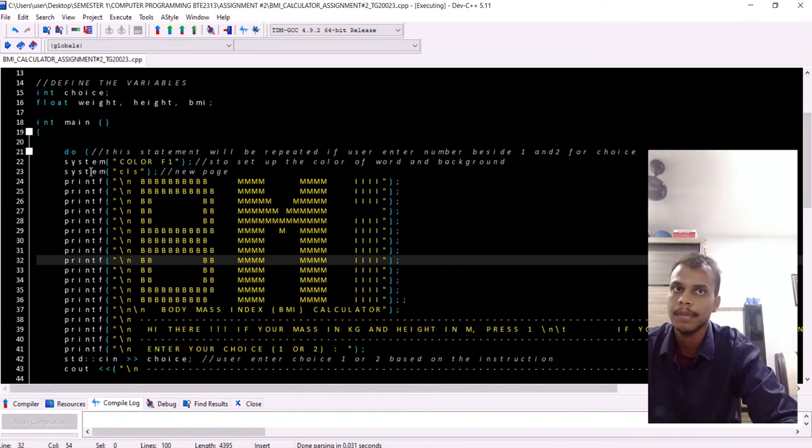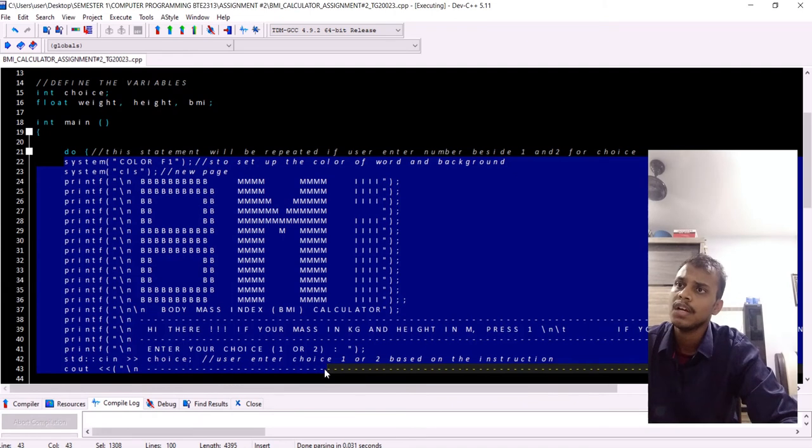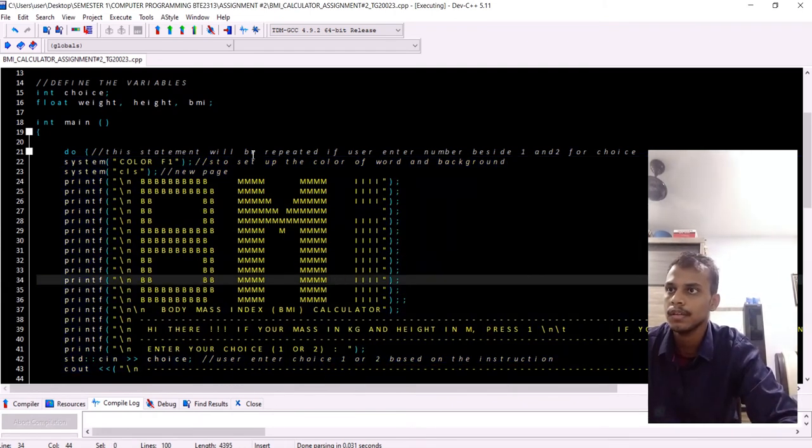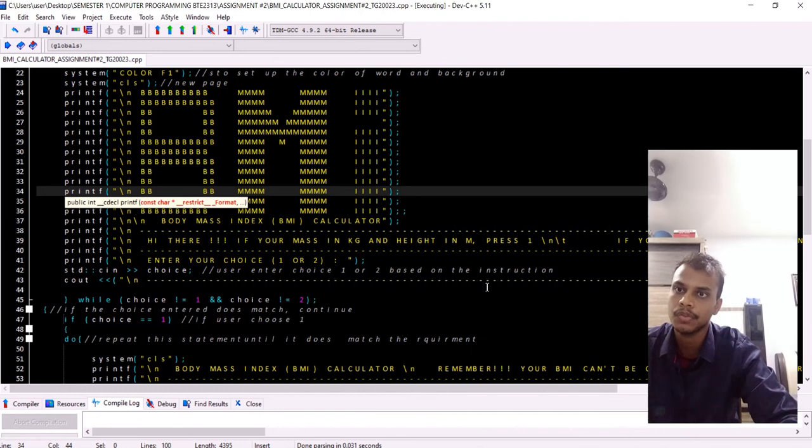Now we get into the main. We use a do while here. This do part, which is this whole thing, asks the user to enter the choice, either 1 or 2, and will keep repeating as long as the user enters a choice different from 1 and 2.